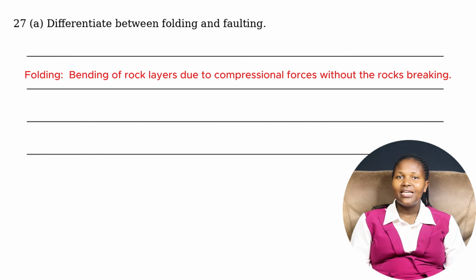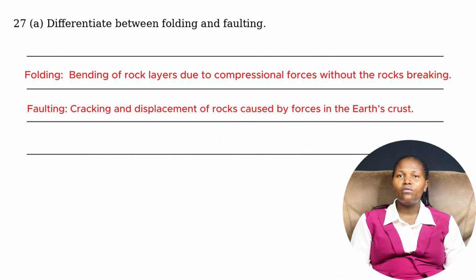But faulting is the cracking and displacement of rocks caused by forces in the earth's crust. You see? So one of the things you can use to remember is saying folding bends and faulting breaks. See? So when you say that folding bends and faulting breaks, it should help you to remember the difference between the two.